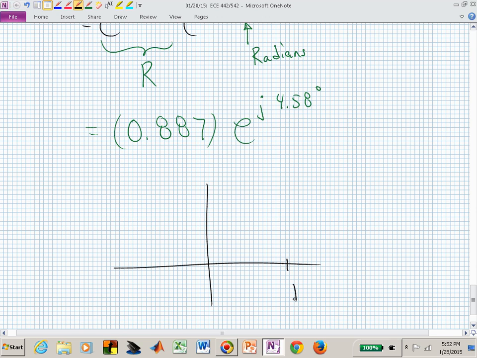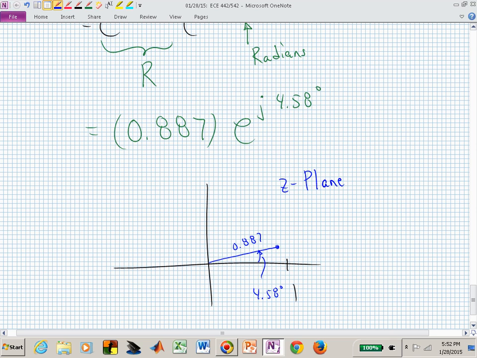Here's, let's say, 1. This won't be a very accurate angle, but this is some angle of 4.58 degrees, and this length is 0.887, and this is now where the z value ends up in the z-plane when we mapped from minus 3 plus j2.